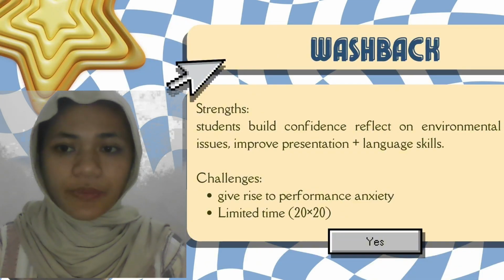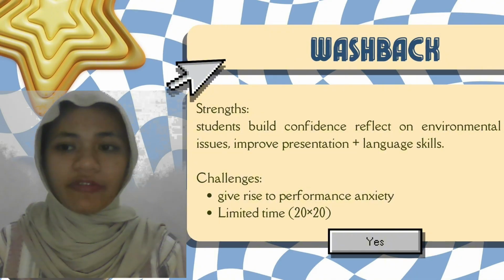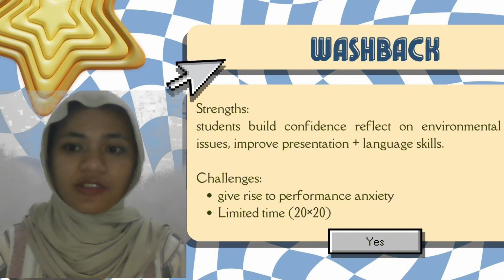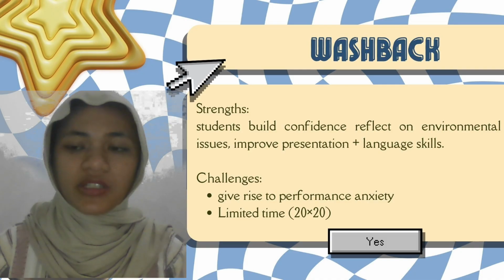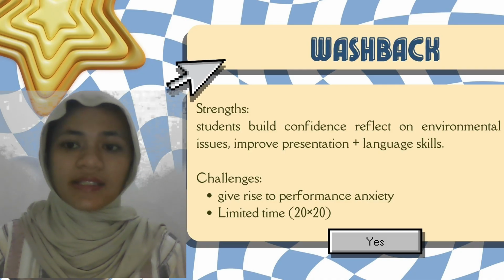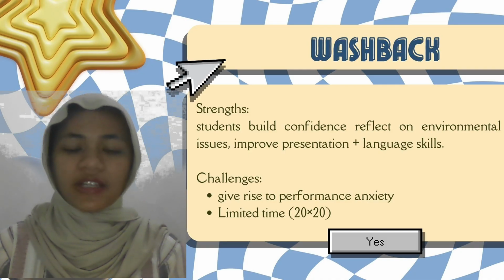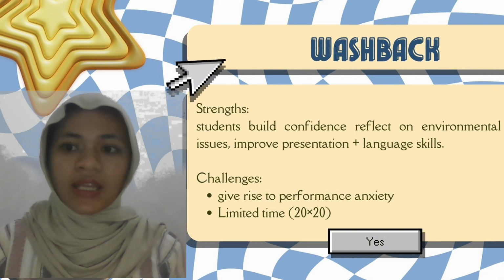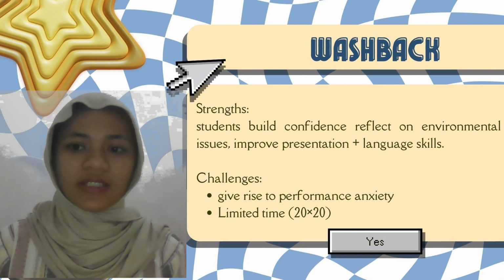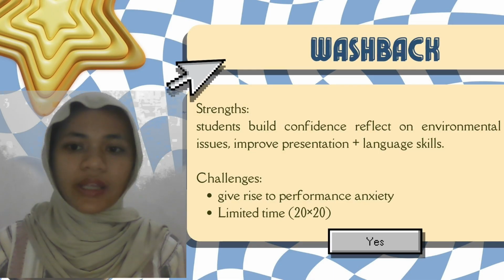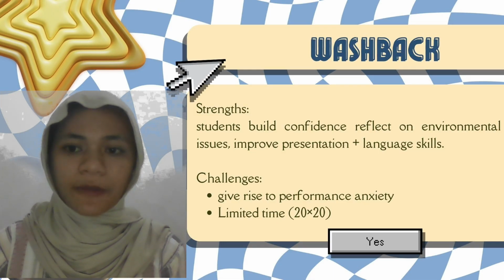And then the last is washback. Washback refers to the effect a test has on teaching and learning. This assessment also has a large positive washback effect. This assignment encourages students to reflect on their daily habits and how they can contribute to the environment. They practice conveying authentic messages through photos and narrative while also building their confidence in public speaking.